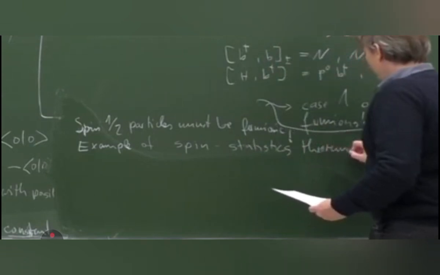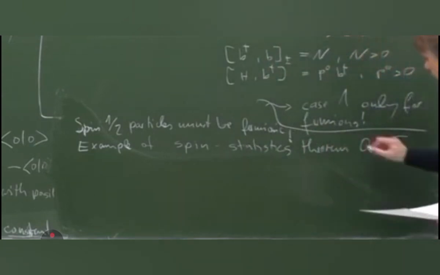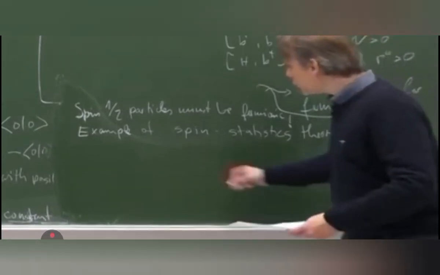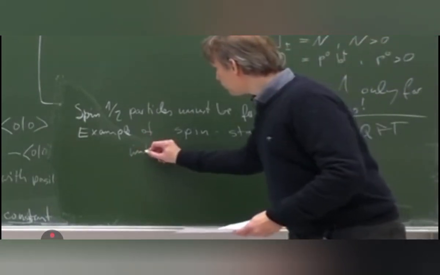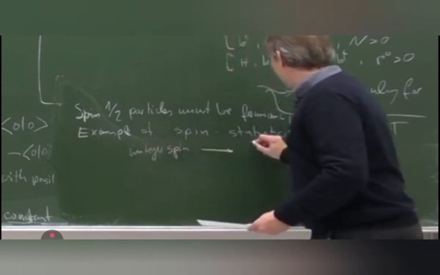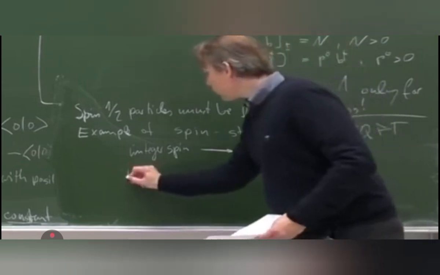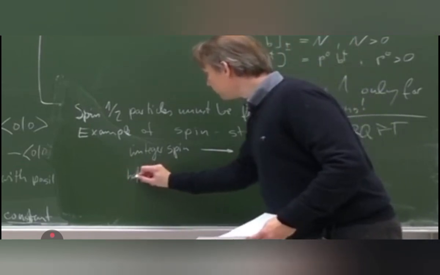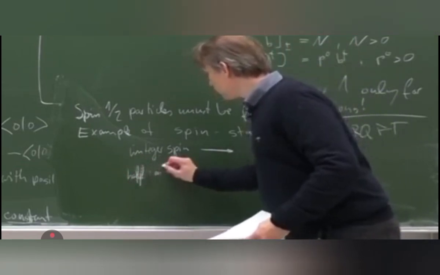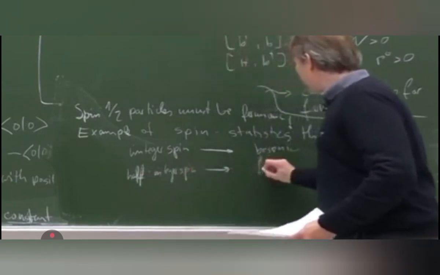Which is a fundamental relativistic quantum field theory theorem, which always tells you that integer spin requires bosonic statistics, whereas half integer spin requires fermionic statistics.